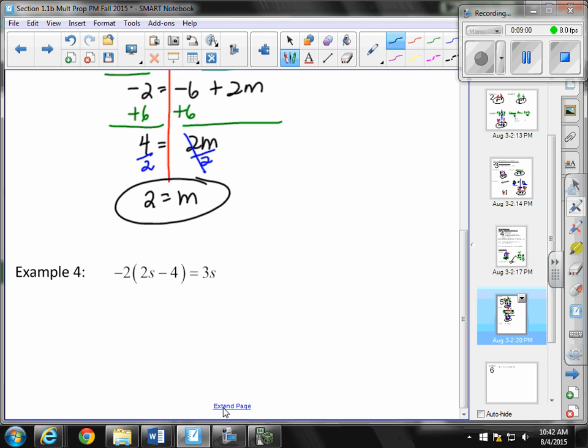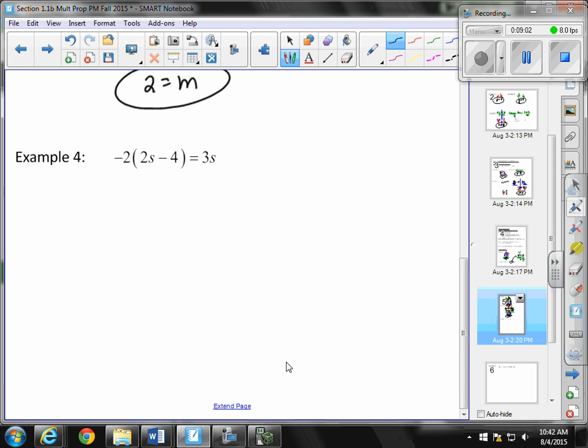Example number 4. Here I have parentheses. So I need to distribute to get rid of the parentheses first. Negative 2 times 2s is negative 4s. Negative 2 times negative 4 is positive 8 equals 3s. Again, I want to get all my s terms on the same side of the equation.